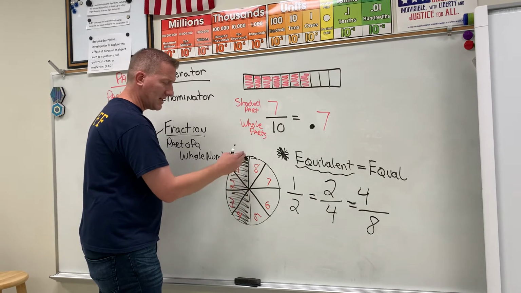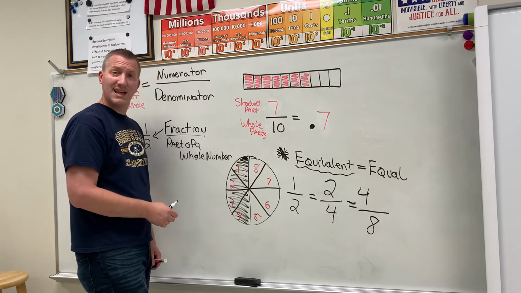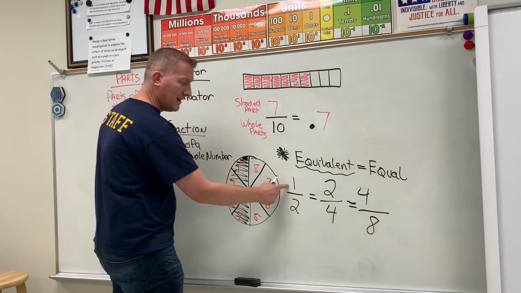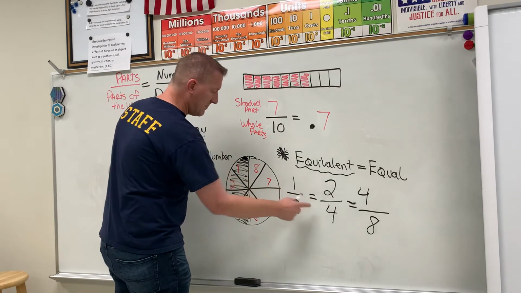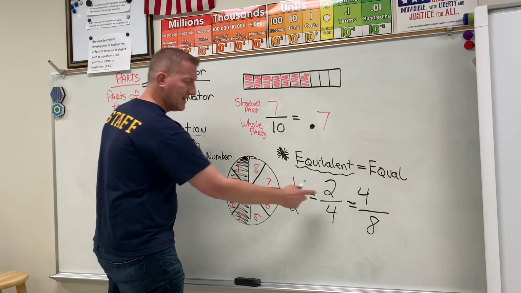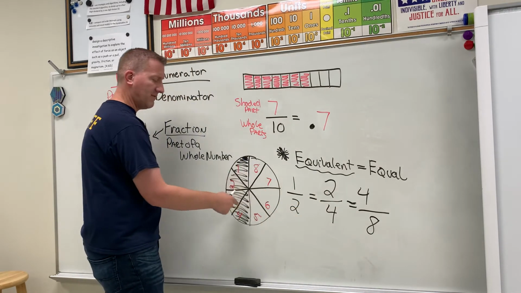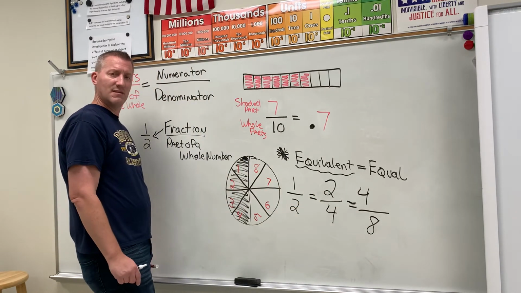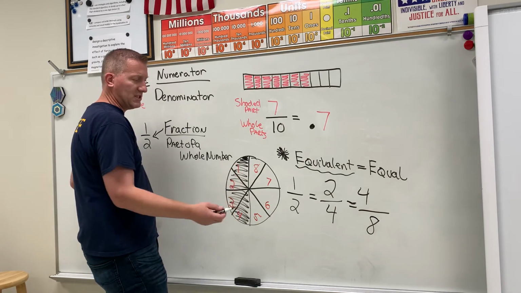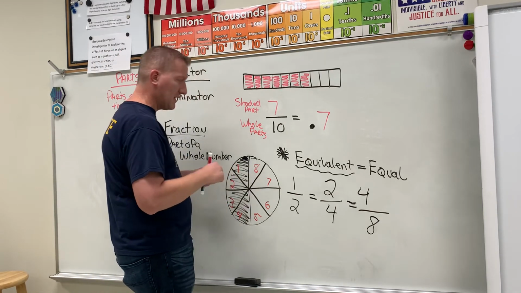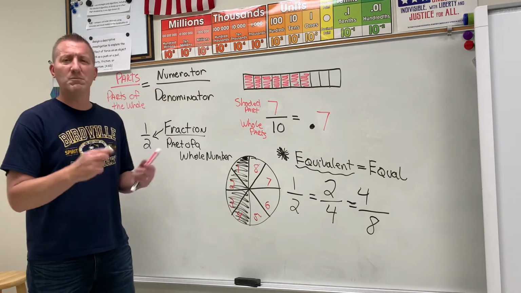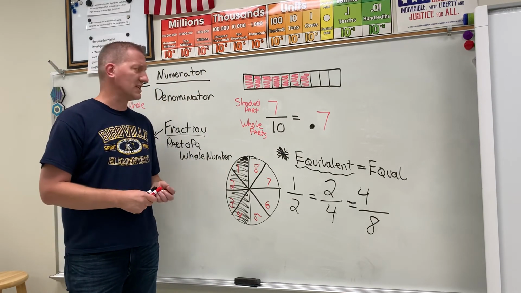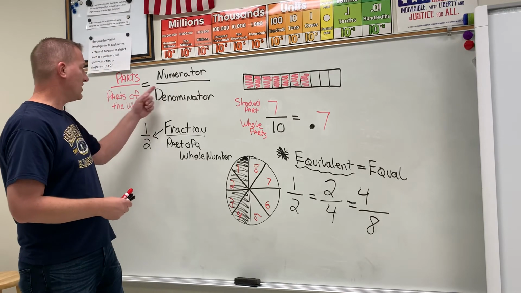I'm just cutting it into more slices or pieces, right? So 1/2 is the same as 2/4 is the same as 4/8, isn't it? Yeah, it's the same part shaded. So we call those equivalent fractions. We'll learn more about them when we get into fractions, but I want to start you out on this.